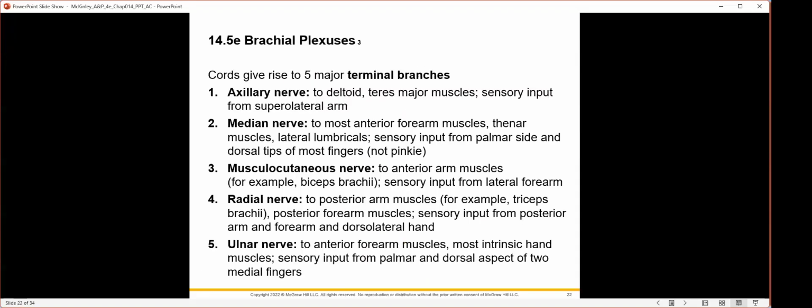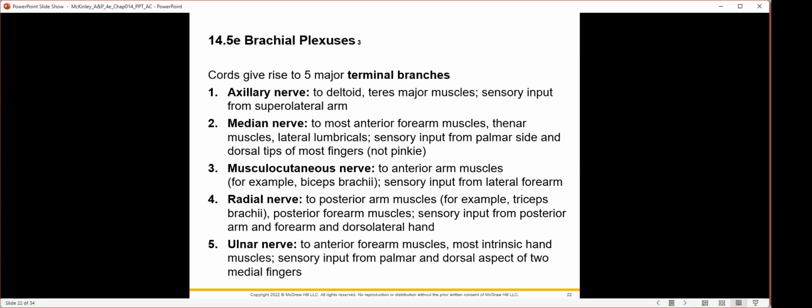And there are a number of branches that come out of this, okay? Axillary going towards the armpits, okay? It will innervate the deltoid muscles, teres major muscles, armpit muscles, that type of thing. We have a median one, which goes kind of in the middle of the forearm, innervating parts of the forearm.